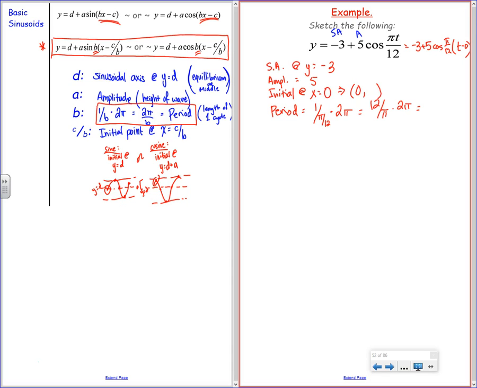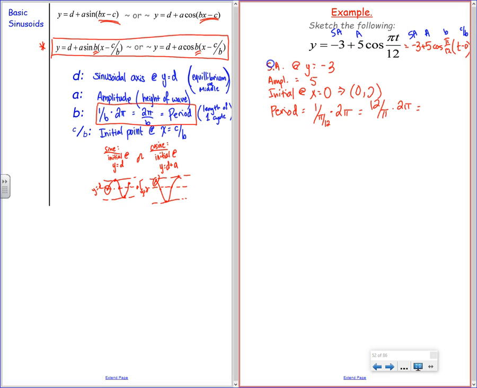So how am I going to fill in that y? Who is this? Sine or cosine? It's a cosine. So where's he going to start? y equals d plus a. So then what's d plus a? d is -3, right?